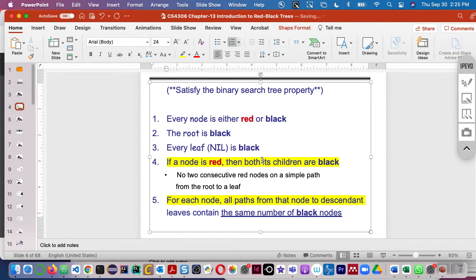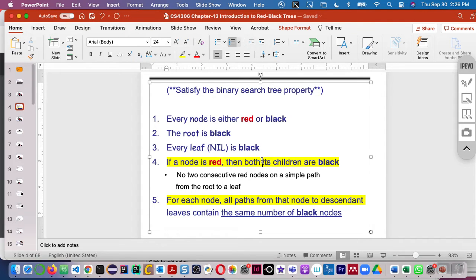It does not say anything about a black node. There is no condition on a black node. If a node is black, then there is no restriction. Number 4 implies that the children can be either red or black.